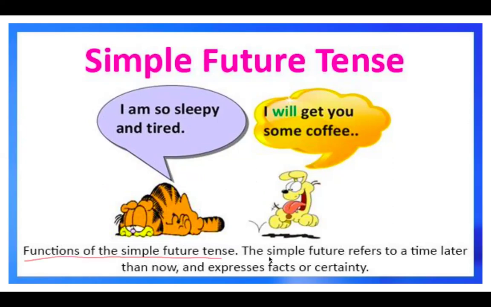The simple future refers to a time later than now. It means it is not present, and it expresses facts or certainty. It may be a kind of surety, or it may be a fact, isn't it?